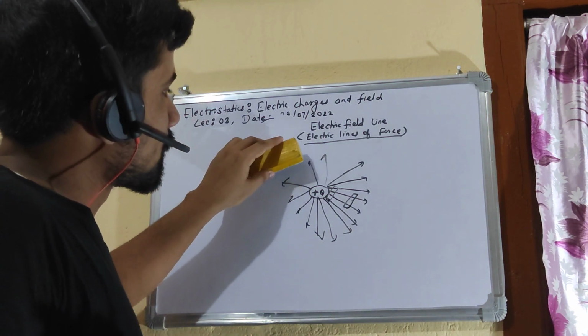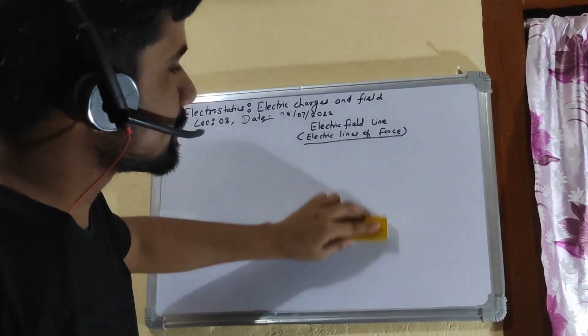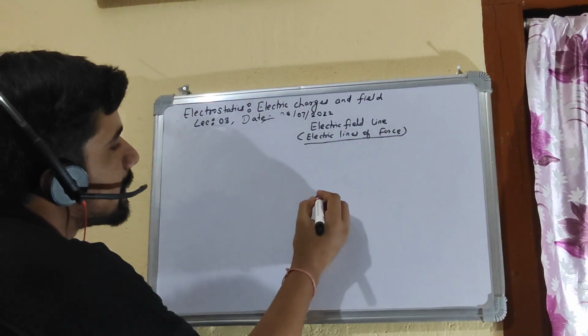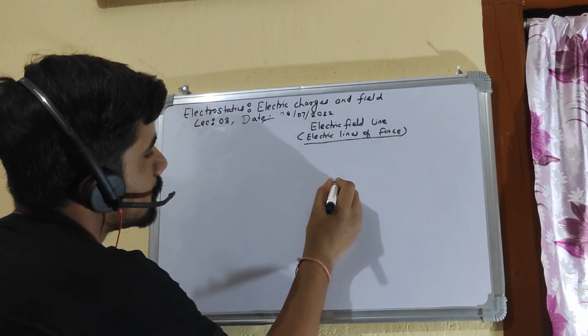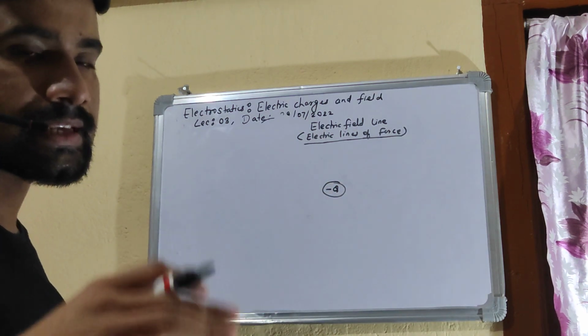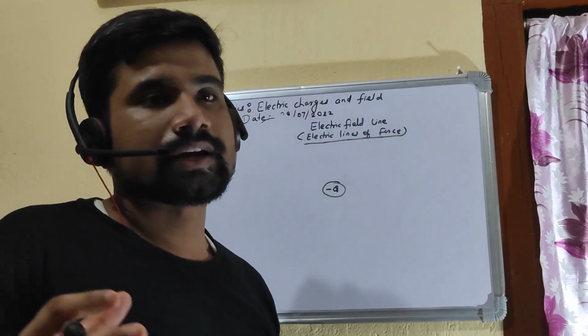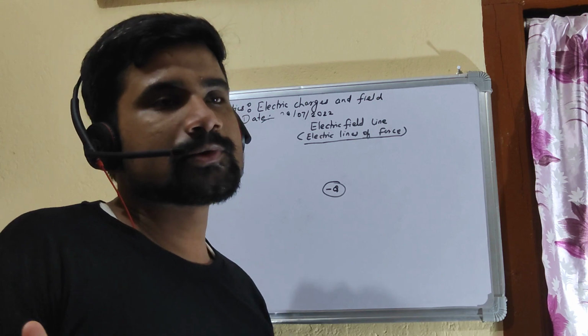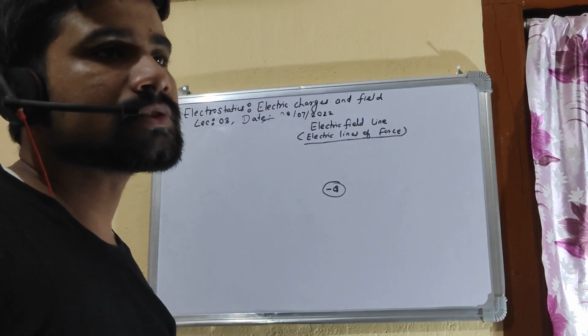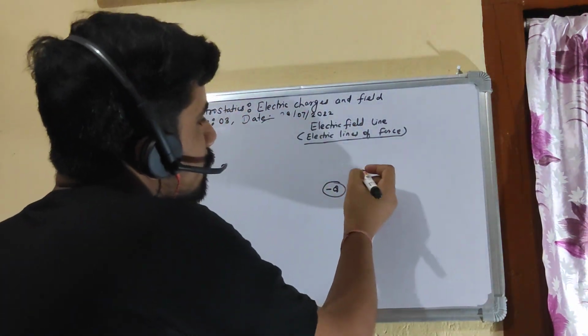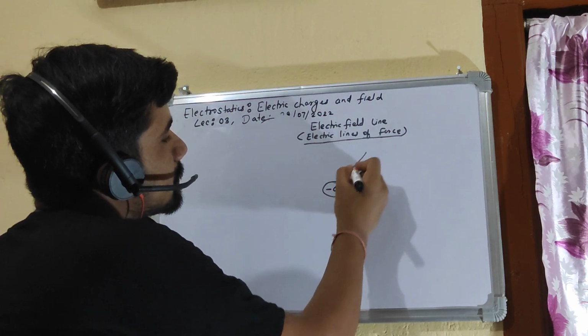So now let's take a case of negative charge, right? This is a negative charge. As I said, for a negative charge, the direction of electric field is towards the charge, right? So the field lines will be something like this.